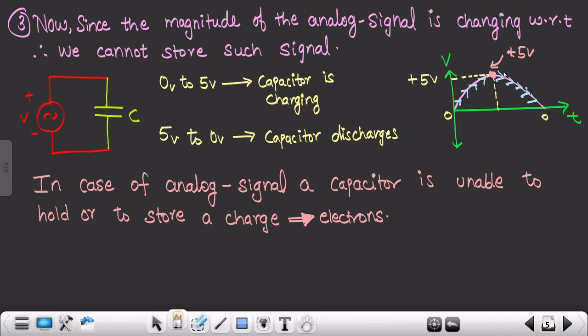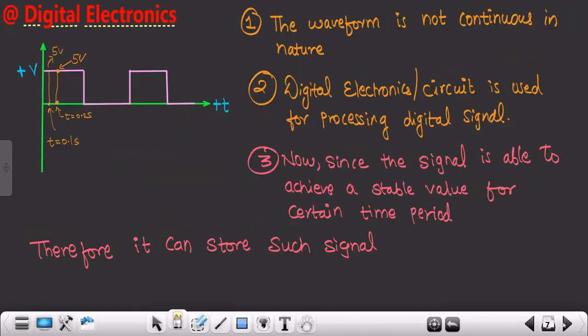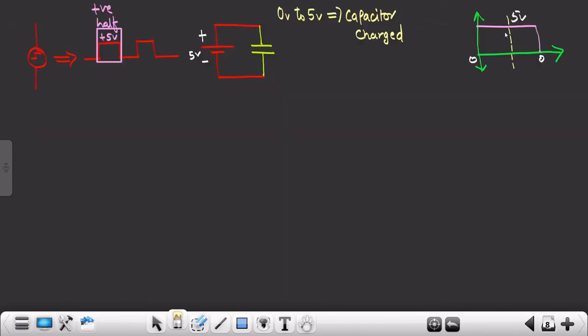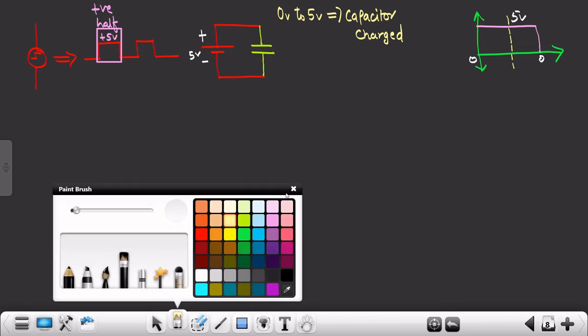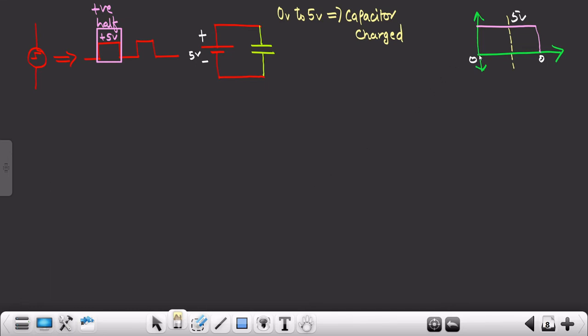I hope you are getting this particular point. Great. But over here, from the start itself, we are providing 5 volts. As you can see in case of an analog signal, we were starting from 0 and moving to this particular part, so the capacitor was charging, it was not charged. Remember this particular point very clearly. It is charging, okay? It was not at all charged, right?